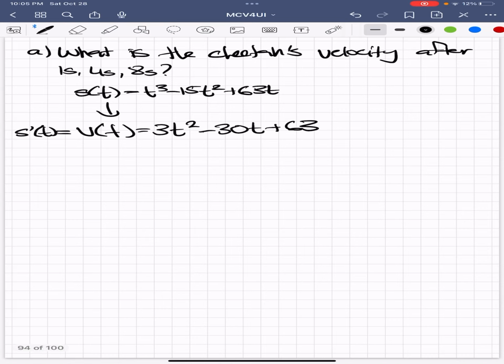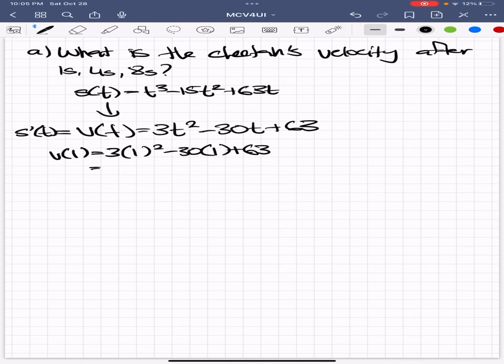So what is the cheetah's velocity after 1, 4, and 8 seconds? Just jam those numbers into your calculator there.